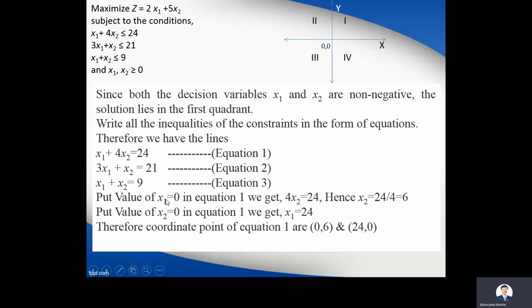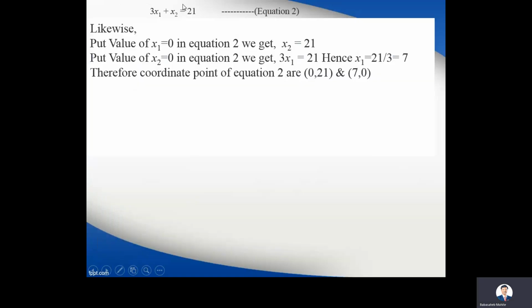Likewise, you have to put the value of x1 equal to 0 in the second equation, and then the value of x2 equal to 0 in the second equation. You will get the coordinate points. The second equation is 3x1 plus x2 is equal to 21. When x1 equal to 0 in equation 2, we get x2 is equal to 21.